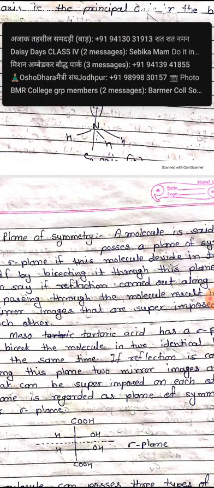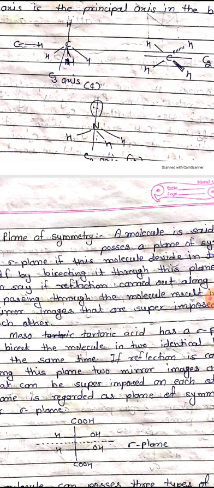Which plane is regarded as a plane of symmetry? The plane of a molecule that bisects the molecule into two identical halves, or the plane through which, if reflection is carried out, you will get two halves that are mirror images of each other and can easily be superimposed on each other.